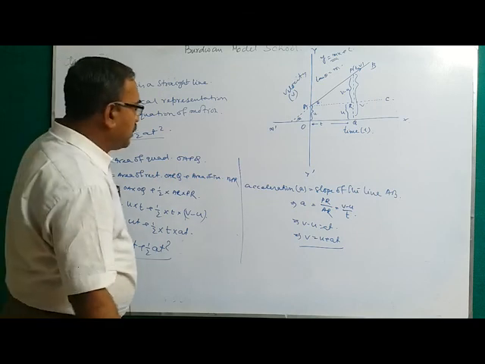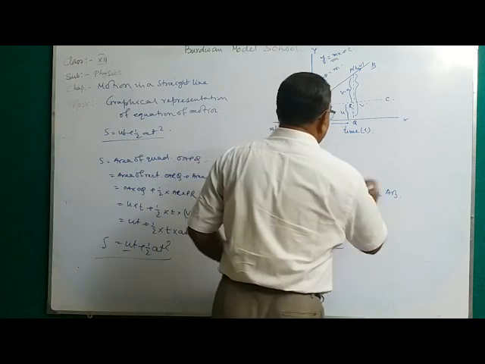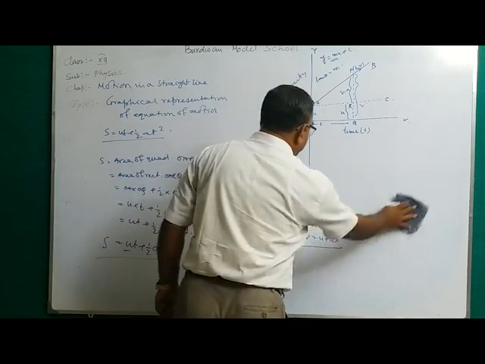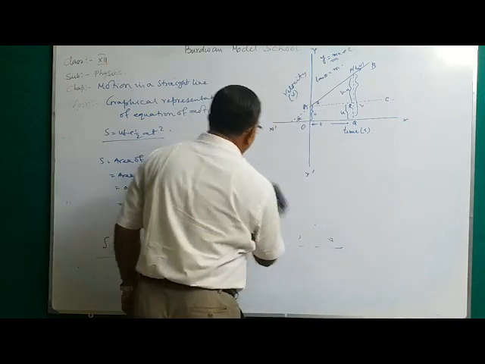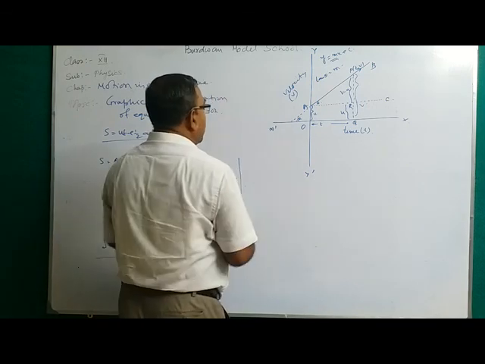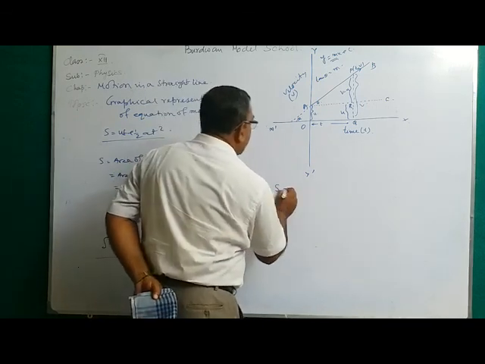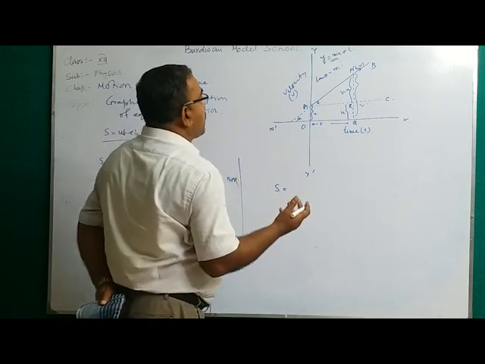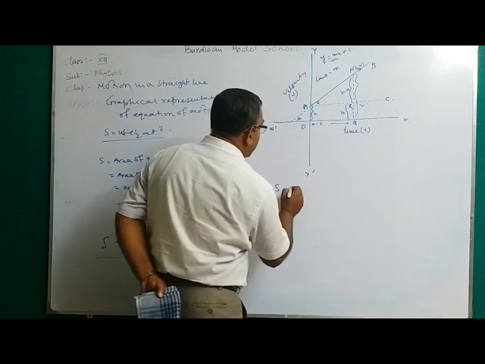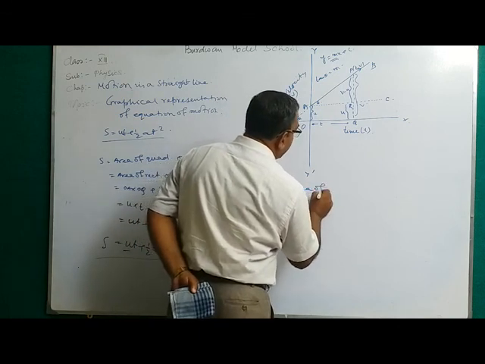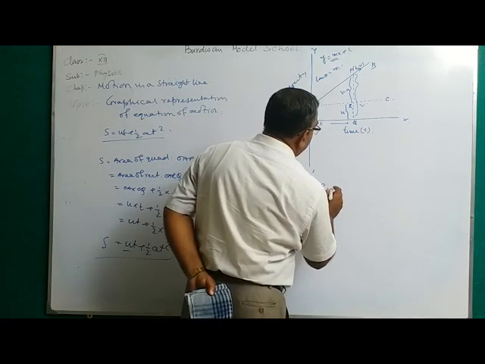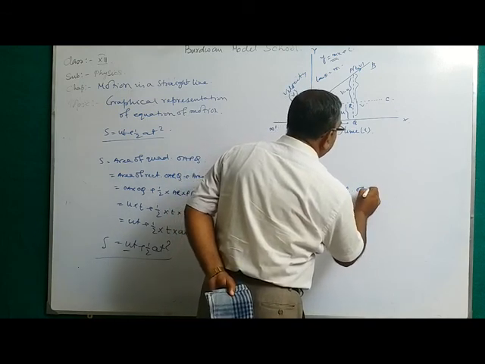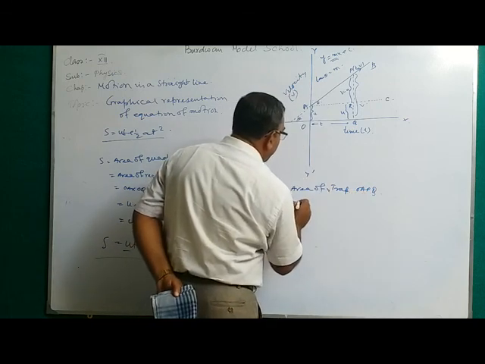If you find another equation, v square equal to u square plus 2as: the particle travels a distance s after the time t, s equal to the area of trapezium OAPQ. What is the area of the trapezium?